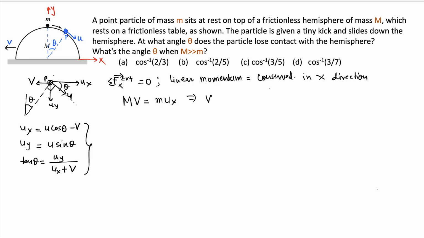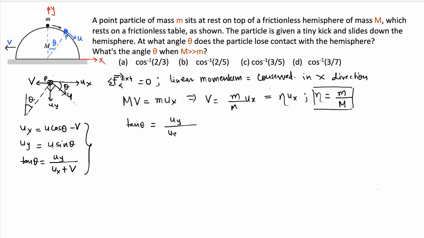Therefore v is m by M ux, and equal to, let's say, some constant eta ux, where eta is m by M. Okay, let's just define this. Then from here, tan theta becomes uy by ux plus v, and v is eta ux, so we can write ux plus eta ux.